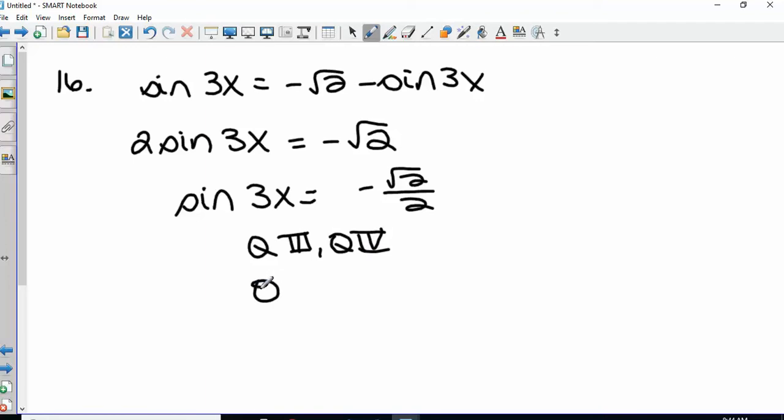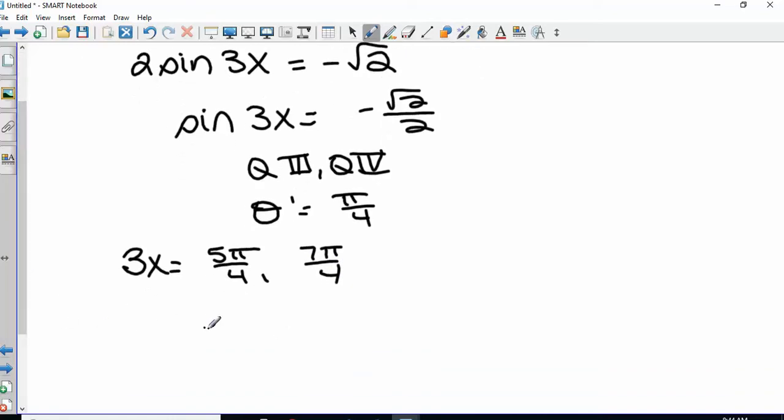When is sine negative? Reference angle. When does sine equal radical 2 over 2? So that's pi over 4. So we have 3x equals. In quadrant 3, pi over 4 would be 5 pi over 4. In quadrant 4, that's 7 pi over 4.